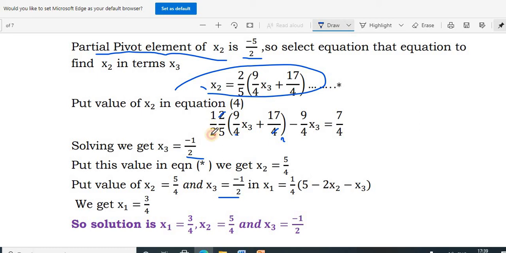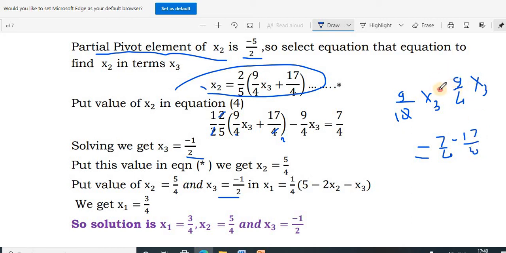What we are getting is that 2 gets cancelled. So it becomes 9 by 10 x3 minus 9 by 4 x3, and this is equal to 7 by 4 minus 17 by 20, this 2 having cancelled.